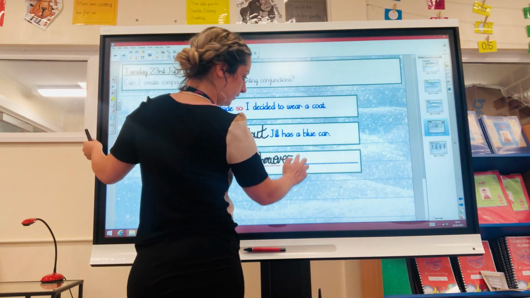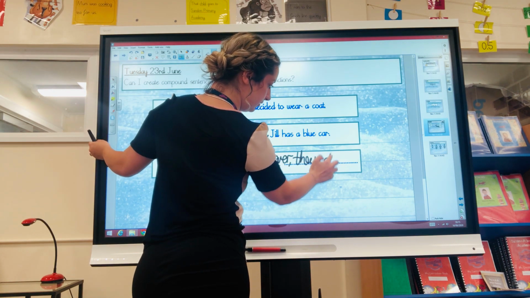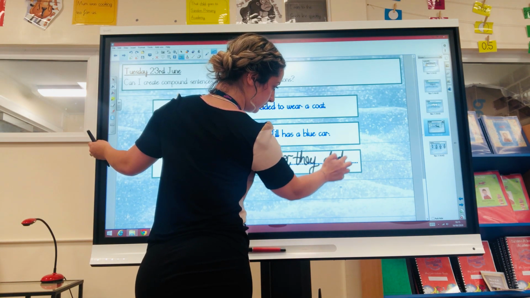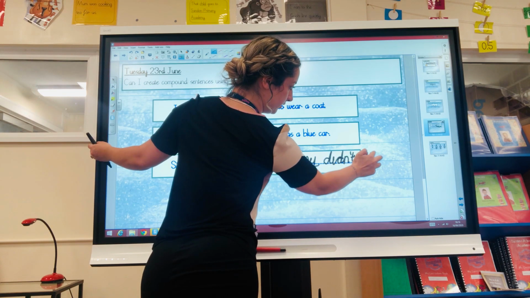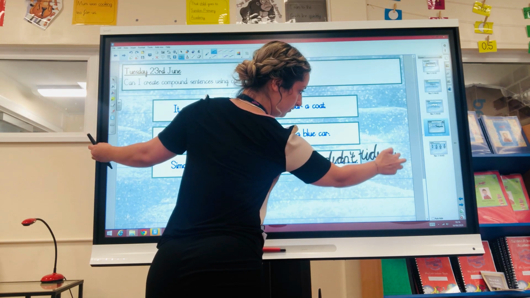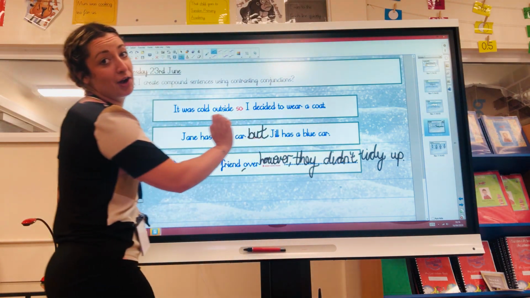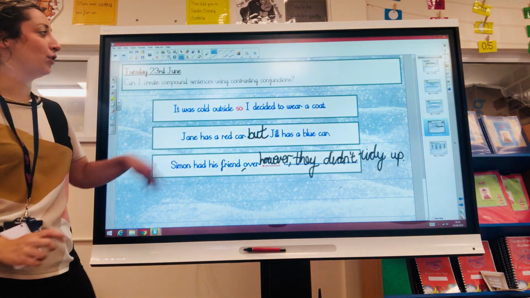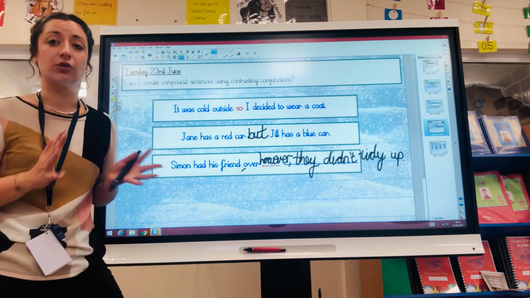However, they didn't tidy up. Now I know with you being year 4s, you will all tidy up your bedrooms, I hope I'm right. But there we've got our compound sentences using contrasting conjunctions, and we've done it.